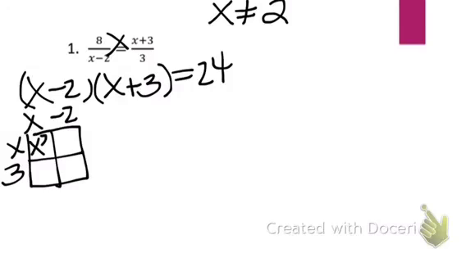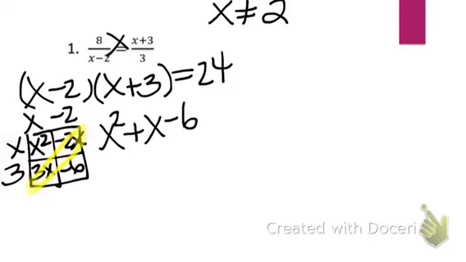So inside would give me x squared, negative 2x, 3x, and negative 6. These are like terms, so I can combine those. That gives me x squared plus x minus 6 is equal to 24.